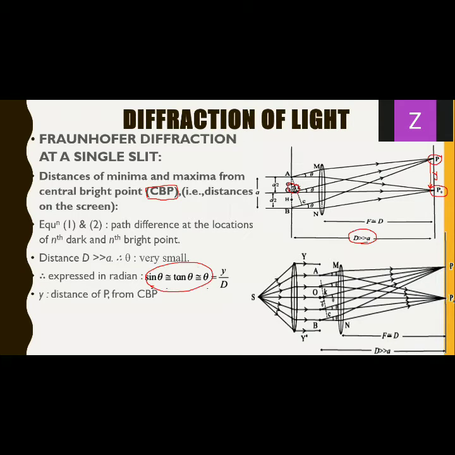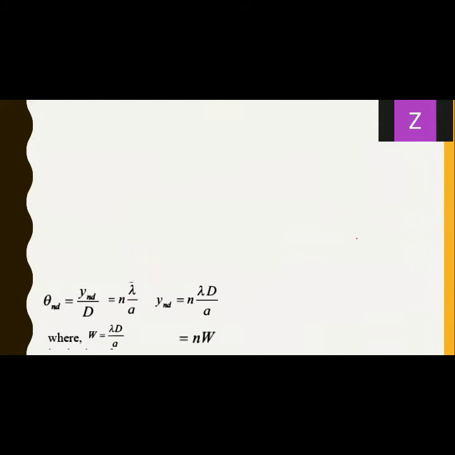So again, basic geometry, we can consider sine theta or tan theta equal to theta, which is equal to y upon D. And D, तो खैर, you already are familiar. D is the distance between the slits and screen. Okay. Now, using this particular concept, we are going to move forward.